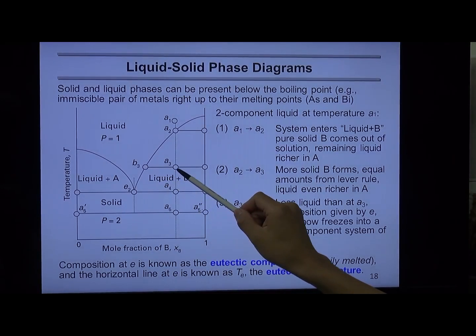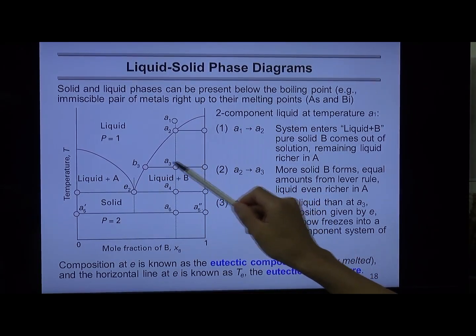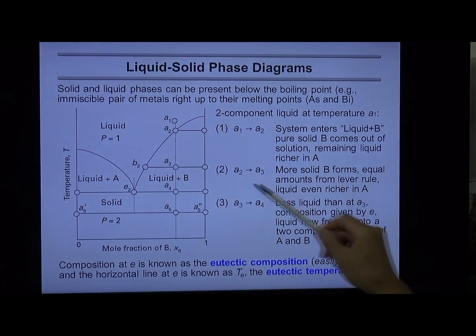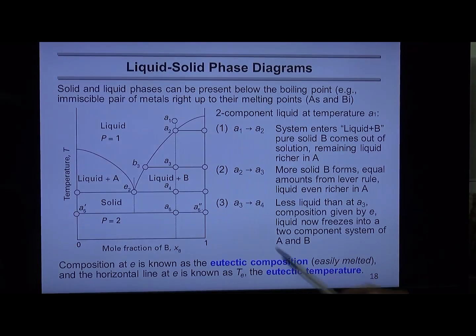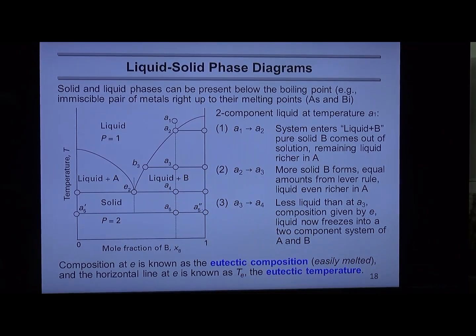If you know the relative length of this and this length, which is about equal, right? Which means that there are equal amounts of liquid mixture and B. Let's go down more to A4. Then less liquid, and finally after this point, there's only solid. Liquid now freezes into a two-component system of A and B.